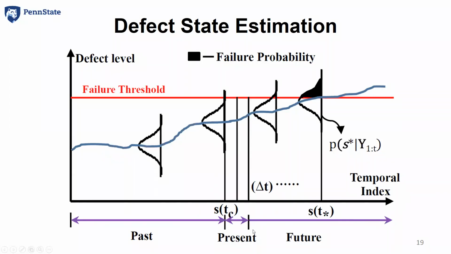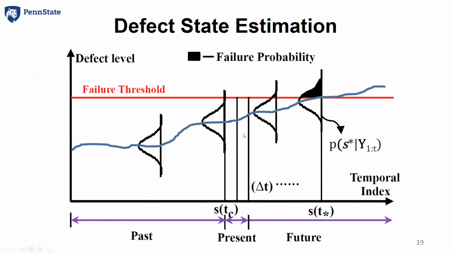Up to this point, we have already built all these layers. Based on what we have right now, we can predict the distribution of failure in the next layer, and the probability that it will exceed the failure threshold. Based on this probability, we will be able to do the sequential optimization of additive manufacturing.